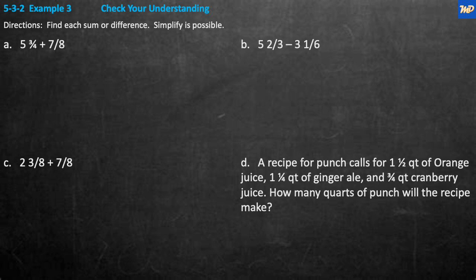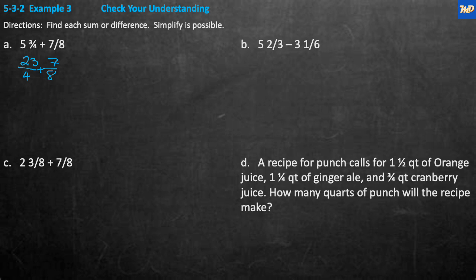Okay, now that you're back, let's start the first one, A. 5 3/4 converting to an improper fraction is 23 over 4, plus 7/8. Now we're going to do the cross multiplication of the denominator, so to speak. It's not really a cross multiplication, but we're going to call it that anyways.